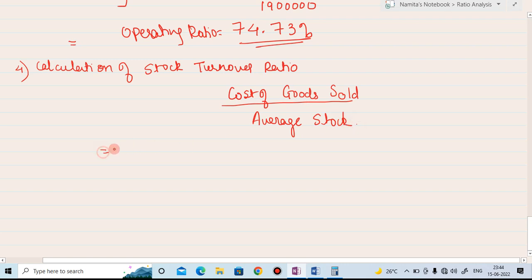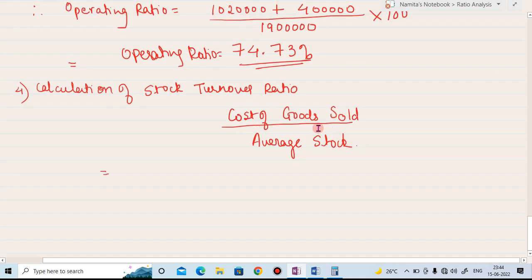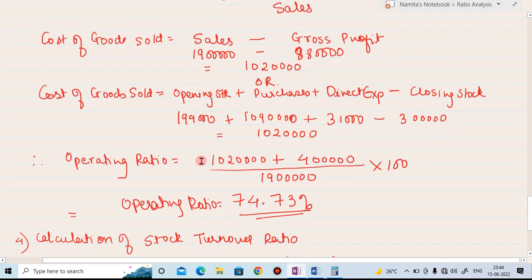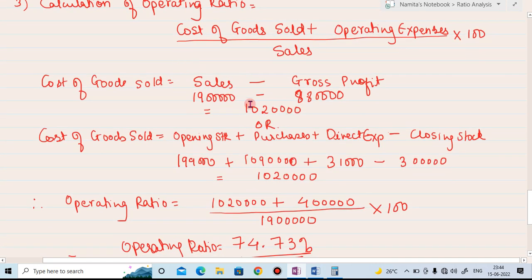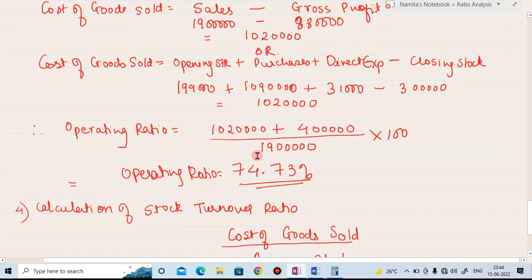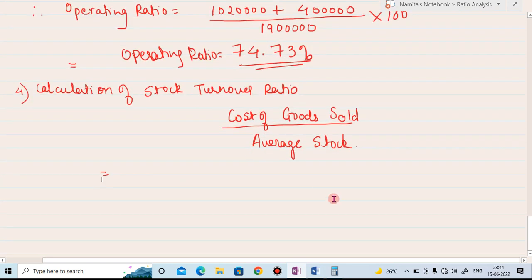We already got the cost of goods sold when we were calculating the operating ratio. So cost of goods sold value is 10 lakh 20,000. Now we have to find the average stock.